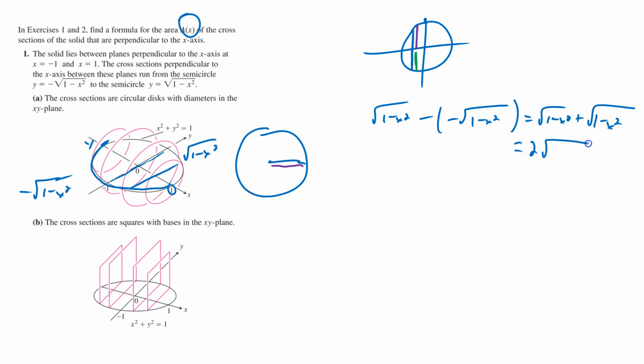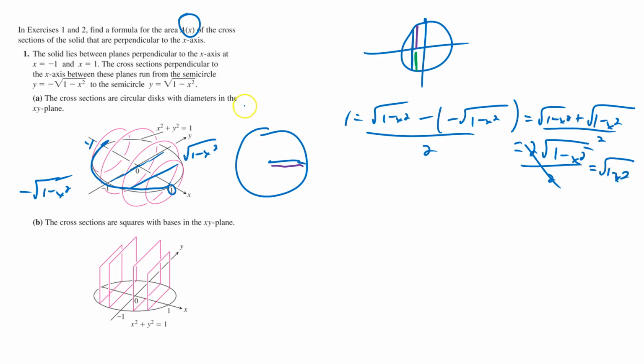So that is 2√(1 - x²). Okay, so that's the diameter. We just want the radius. If we want to know the area of one of these disks, we just need the radius. So the radius would be this whole thing divided by 2, and those 2's just cancel. So the radius is just √(1 - x²).